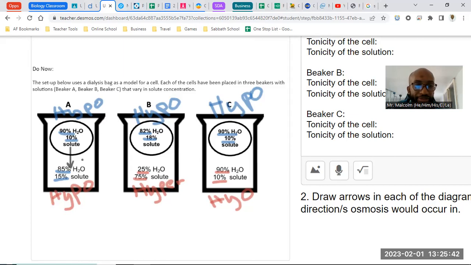Is the cell going to be bigger or smaller? If it loses its water, what's going to happen? Think back to that gummy bear. It's going to get smaller, right? Because most of the cell here is made up of water. So if the water comes out of it, then it's going to shrink. This one is going to be smaller.